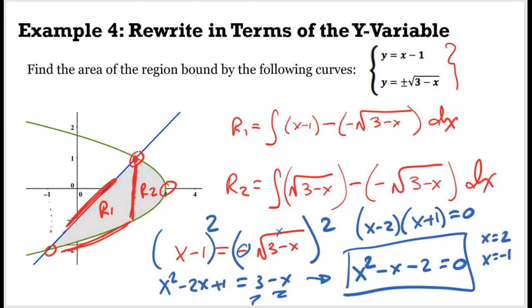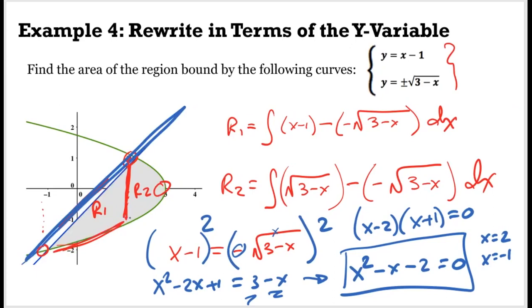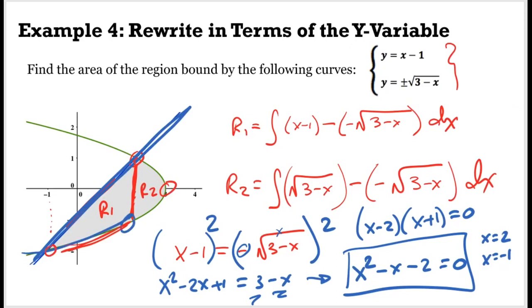Now, x equal to 2 does not intersect this line. We can see that this line does not intersect this line at 2. It intersects the other square root, the positive. So for this system, that means that x equals 2 is an extraneous solution, and we eliminate it. However, x equals -1 makes sense, and that's our lower bound.